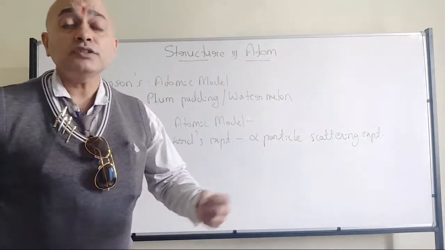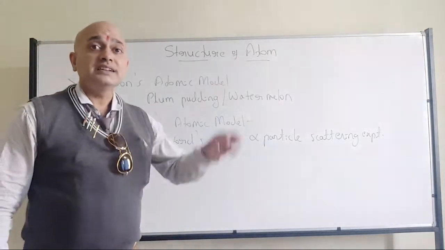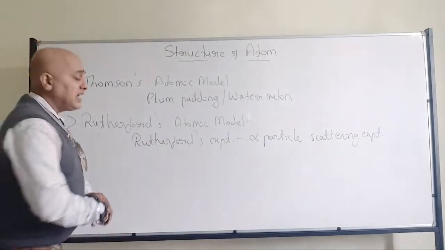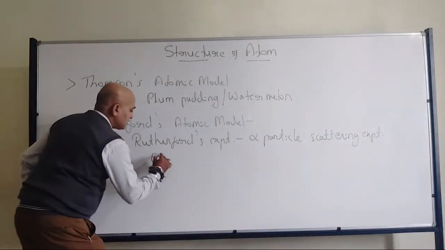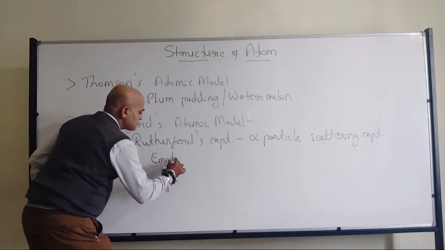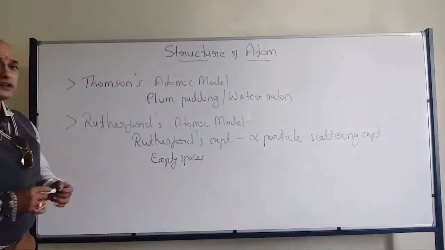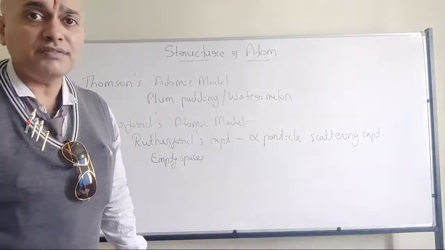So what was the conclusion? Since most of the radiation was passing in a straight line, atoms will be having lots and lots of empty spaces. That was the conclusion for that observation.